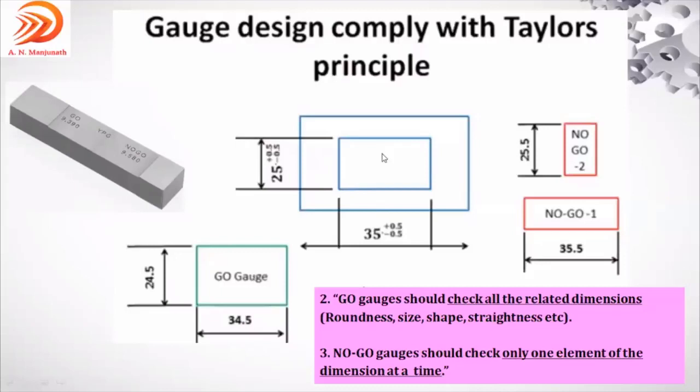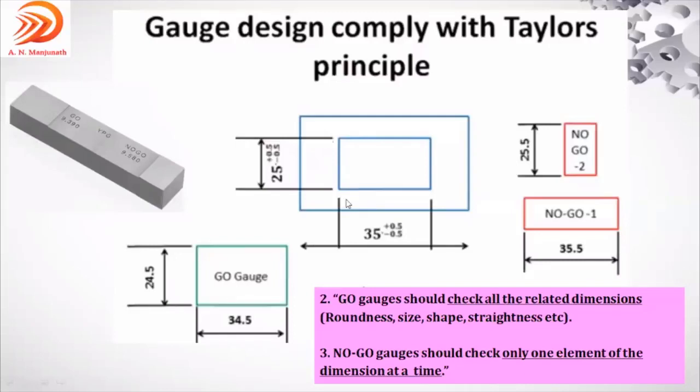While passing into this rectangular hole, does it inspect only one dimension or other elements of the dimension also? It will measure two elements of the dimension, right? See, it will measure this height as well as this length of the component.